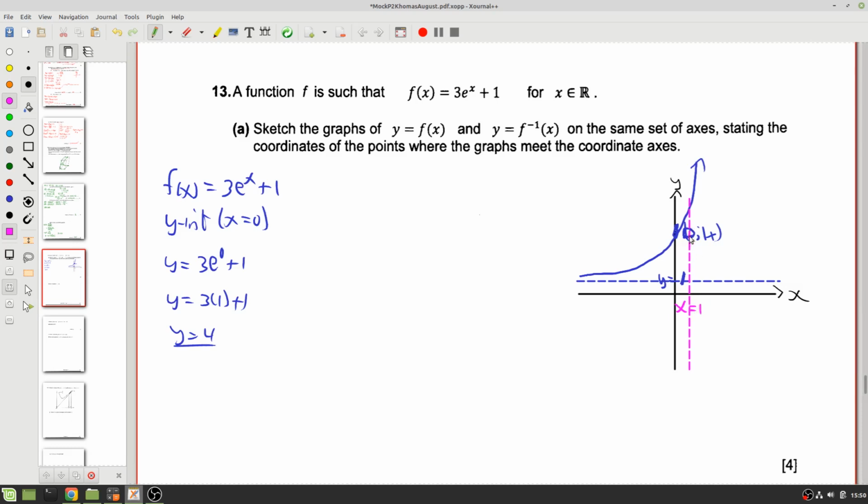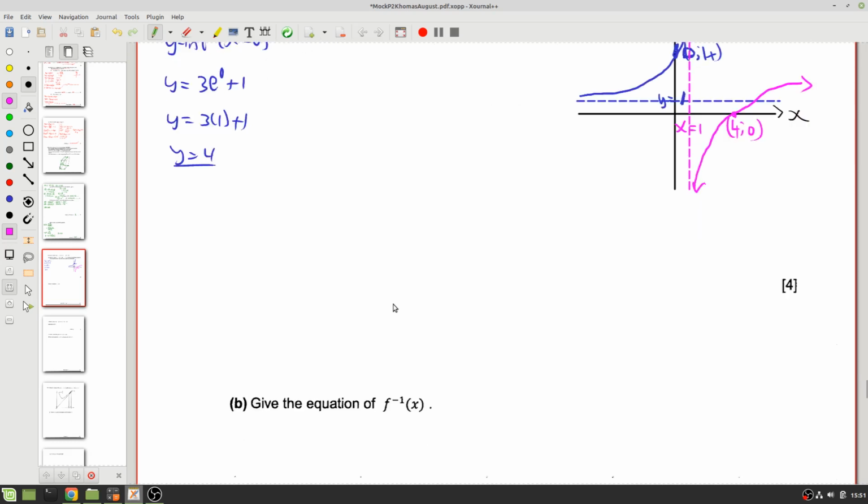And instead of 0, 4, we'll have the point 4, 0, like so. And then we can just draw that graph here. Perfect, so there we have it. This is 4, 0. We've got all the asymptotes shown and all the intercepts with the coordinate axes shown.